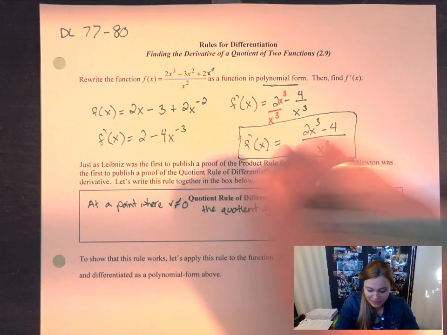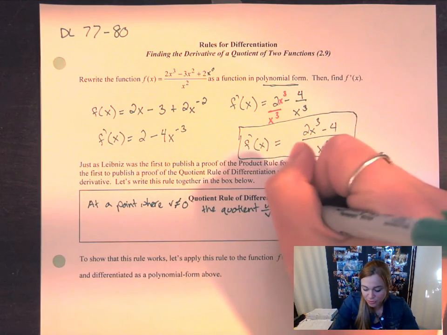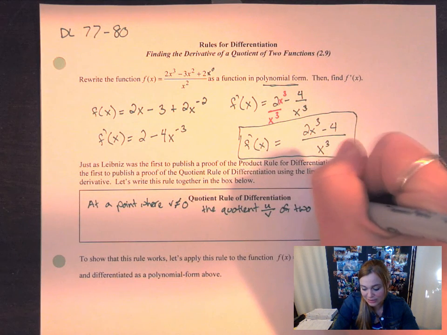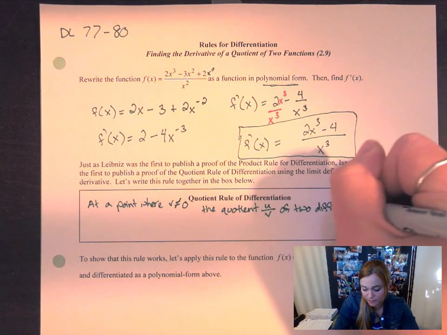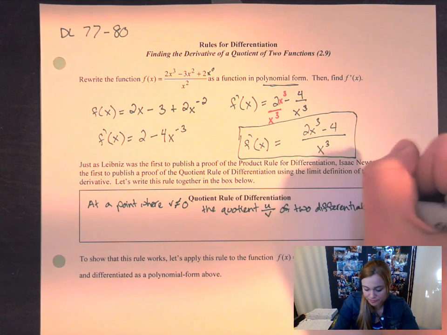Where v does not equal 0, the quotient u divided by v of two differentiable functions, so meaning u is differentiable, you can take the derivative, and v is differentiable.